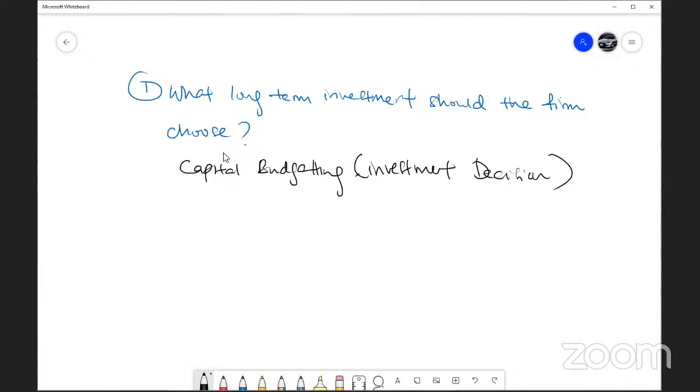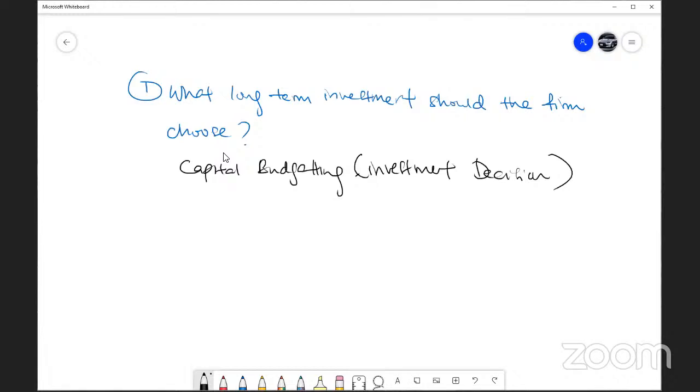If you are a financial manager of a business, under this section on capital budgeting and investment decision, you are considering how you are going to reinvest into the company. Are you going to expand the company? Are you going to buy new assets? Are you going to invest more into research and development? Are you coming up with a new product, and so on and so forth? This is basically the long-term investment the firm should choose.